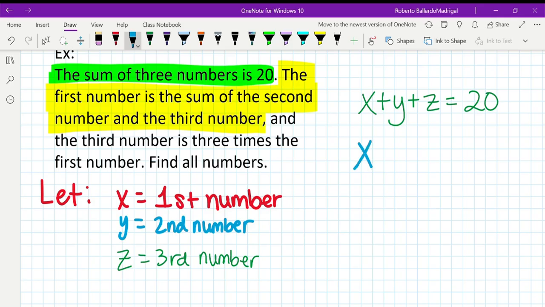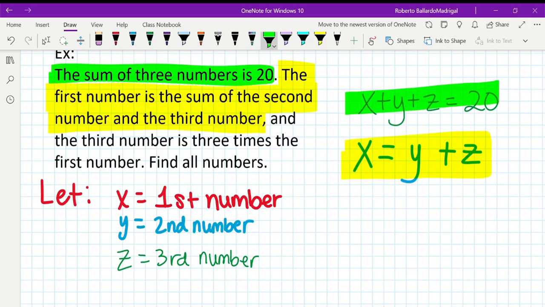X. We're saying X, the first number, is equal to the sum, adding the second number, which is Y, plus the third number, which is Z. Okay, so now we have two equations. And just for reference, I'm highlighting the equation so you know which one corresponds to what statement.